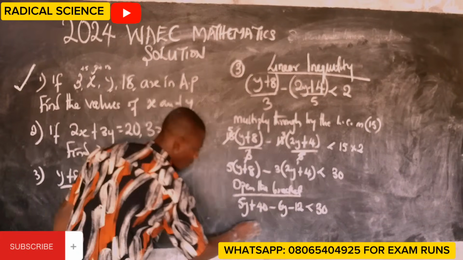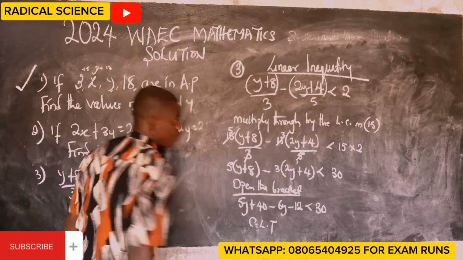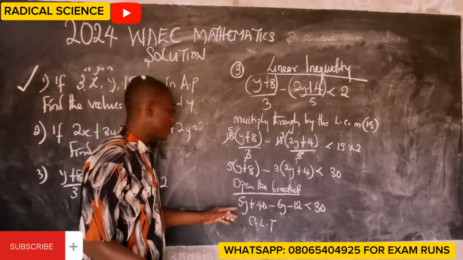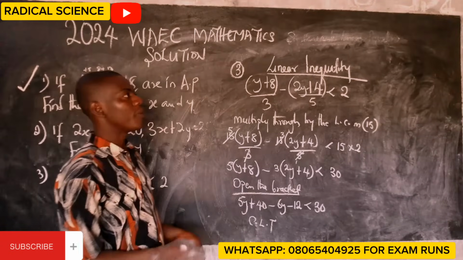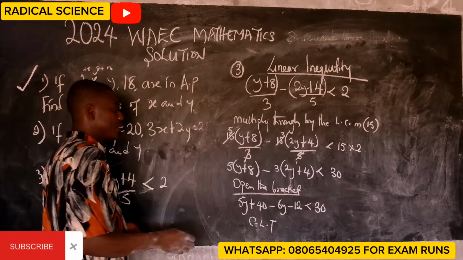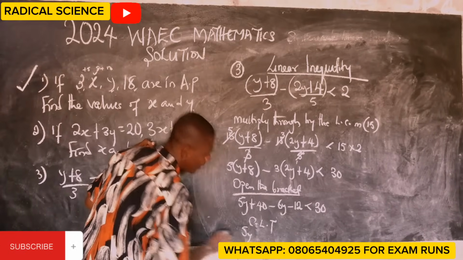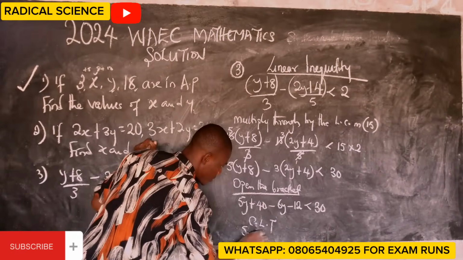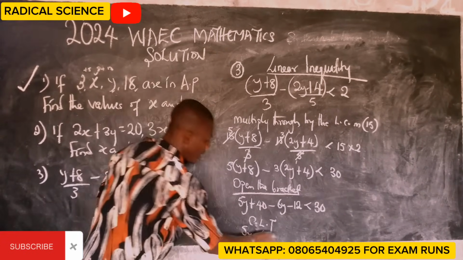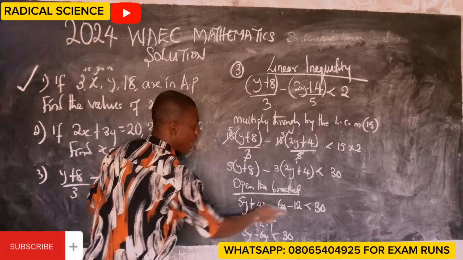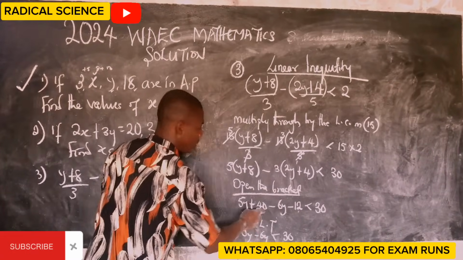Now what I will do is collect like terms. Hope you know the rule in collecting like terms. If you collect like terms, any of the terms that crosses the equality sign, the sign changes. I have 5y minus 6y is less than 30. This and this are like terms. They are crossing the equality sign.